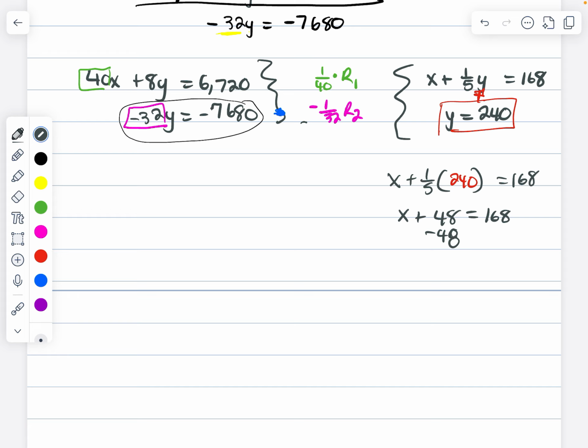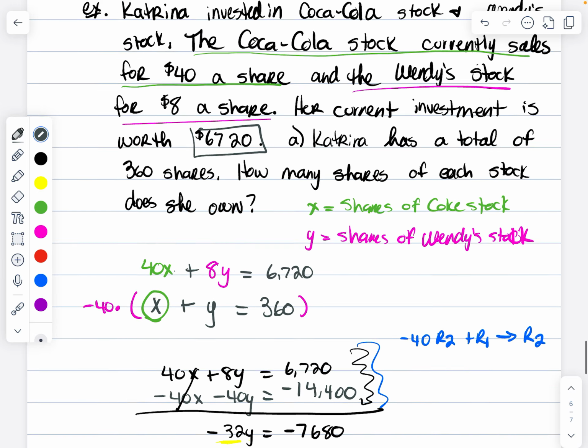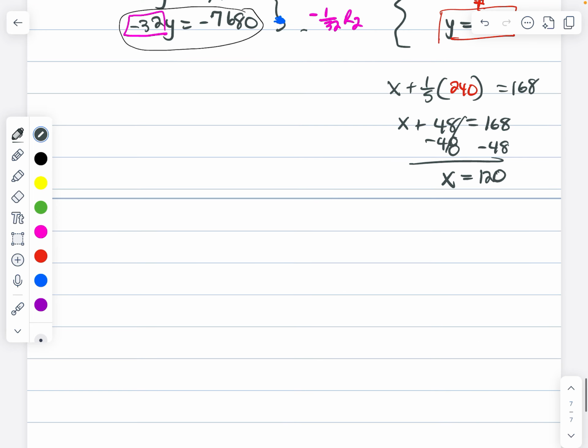Subtract 48 from each side, and x is equal to 120. So we know that Katrina has 120 shares of Coke.